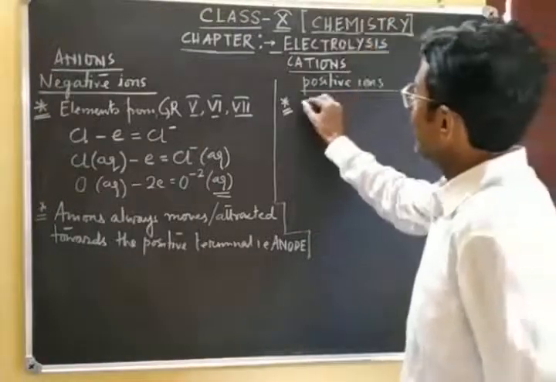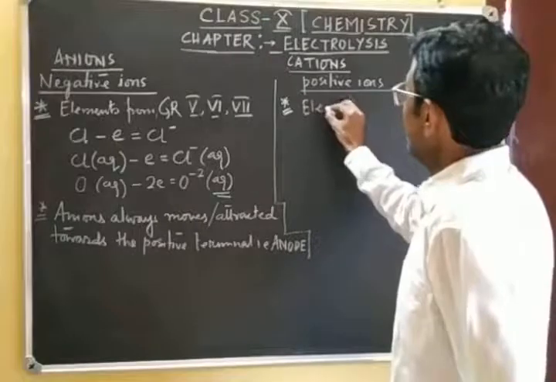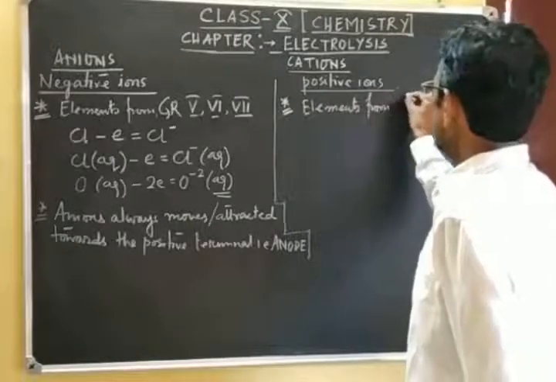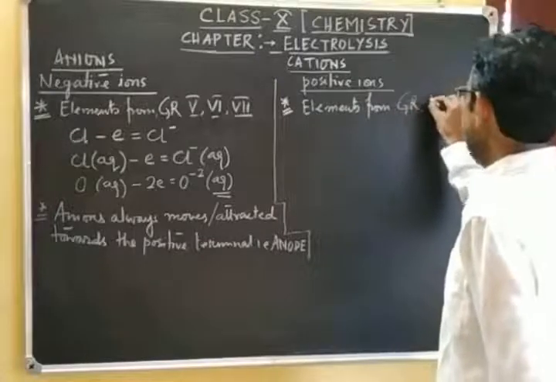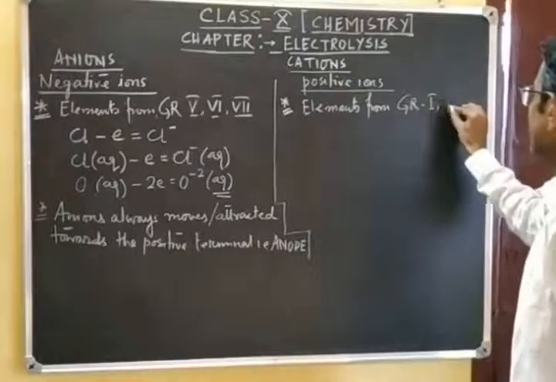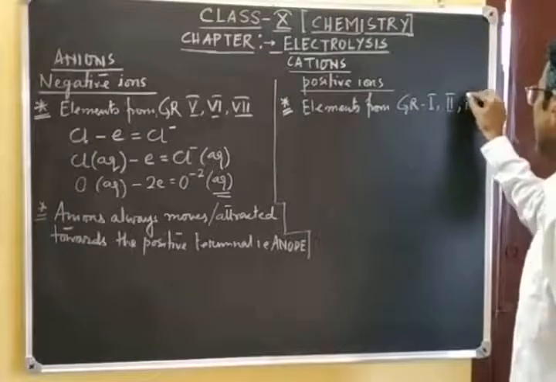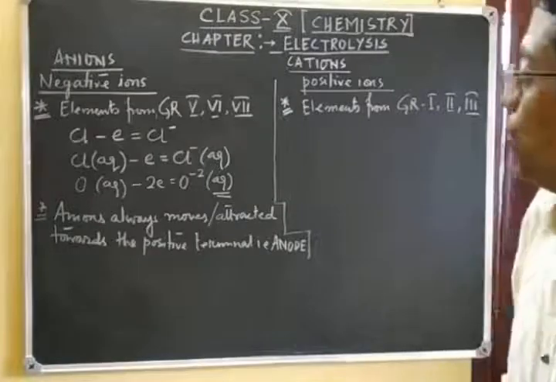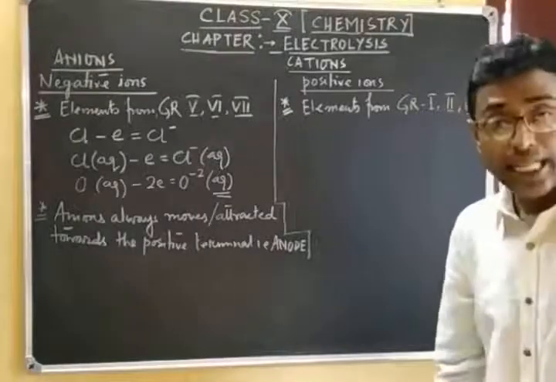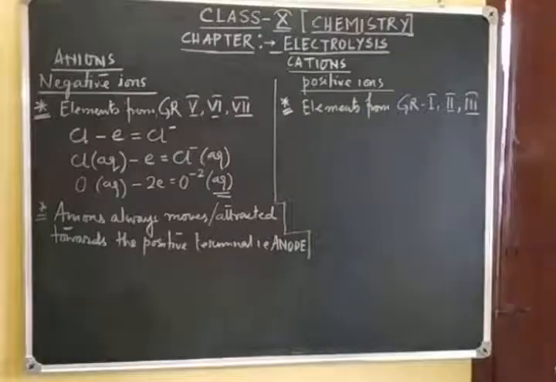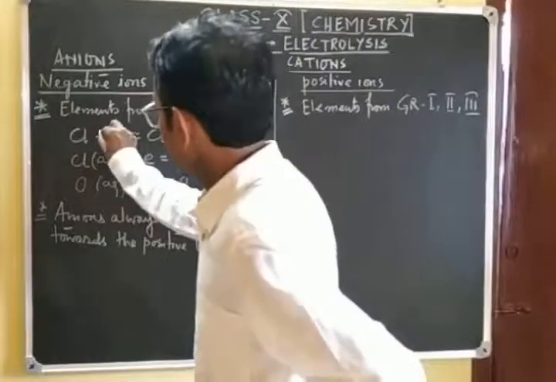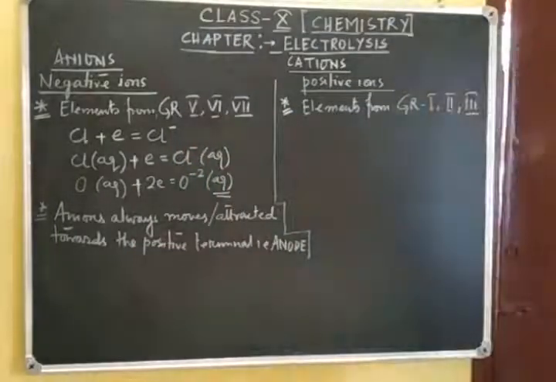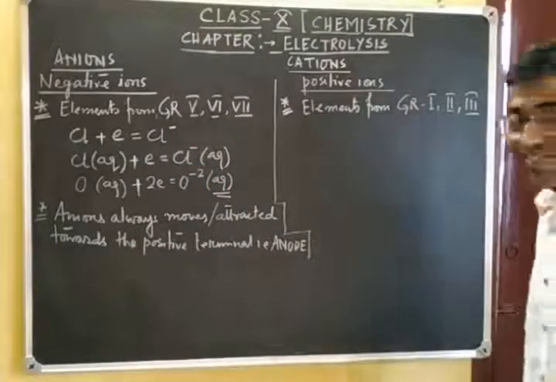So we can write elements from group 1, 2, 3. Now see, I am relating this with electrolysis. See, the elements of group 1, 2, 3 are very much eager to lose, sorry, I have done it wrongly. Those are all gains electrons. Okay, I'm sorry. So after gaining the electron, this becomes negatively charged.